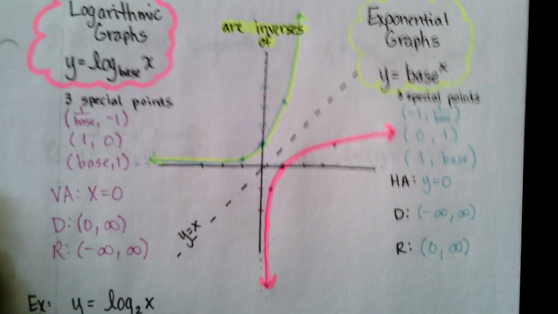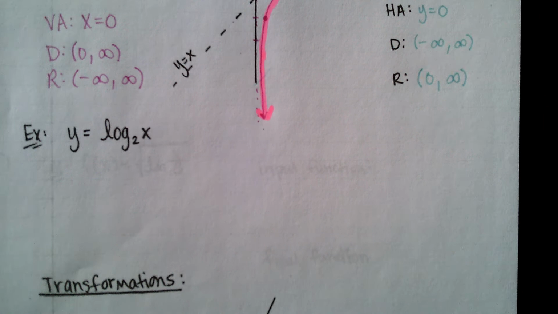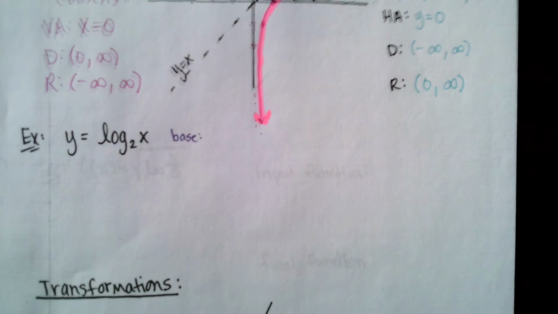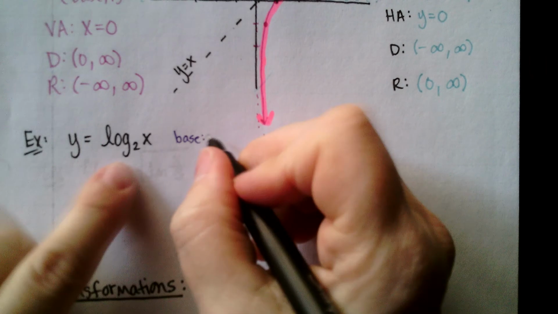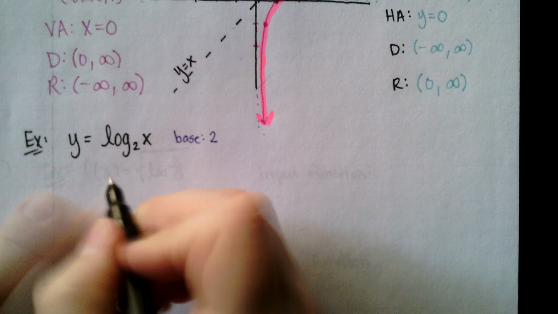So let's look at an example that has a numerical base. Whenever we're going to graph a logarithmic function, we always want to identify what the base is, because that's what's going to help us make decisions about how to graph it. In this case, the base is 2. I'm going to list my three special points.